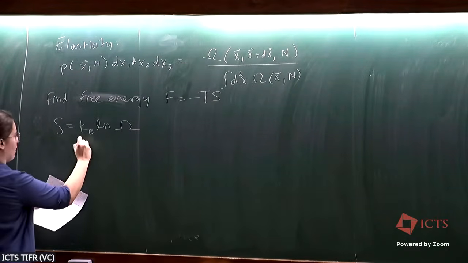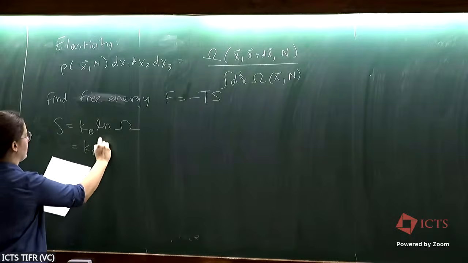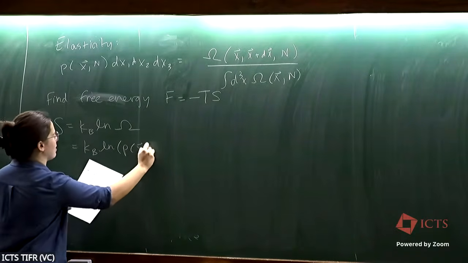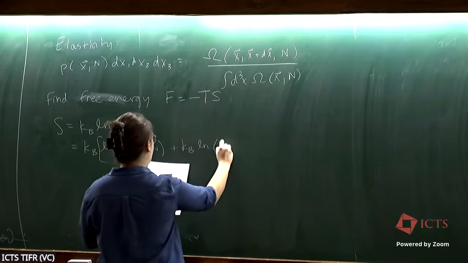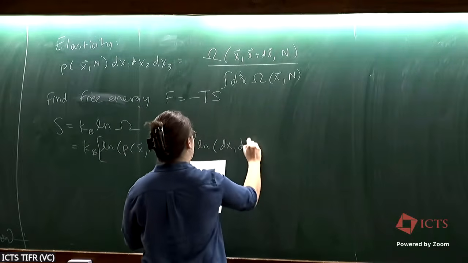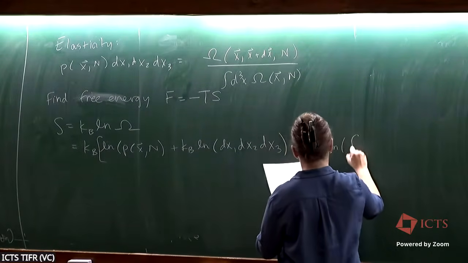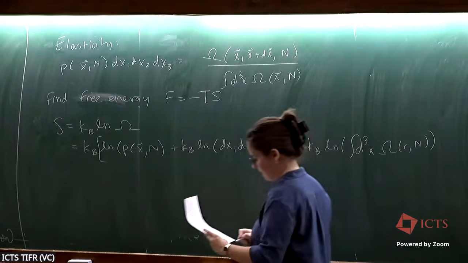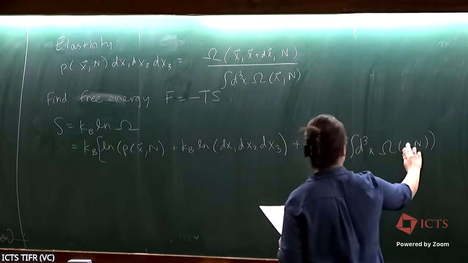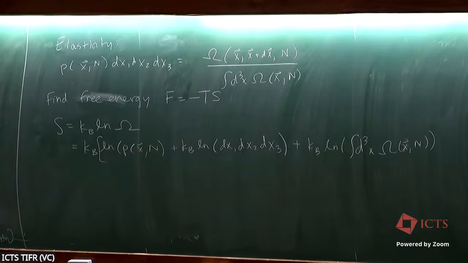So we now can pull out a number of terms. We can pull out k_B ln P of x n. We can also pull out k_B ln dx1, dx2, dx3. And we can also pull out k_B ln d3x omega of R_n, or I guess I can call it x_n. And now I'm going to split these into two different terms.